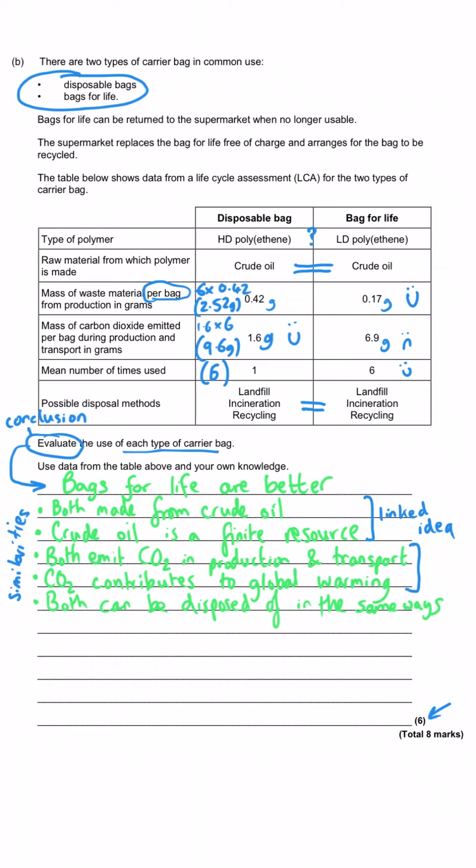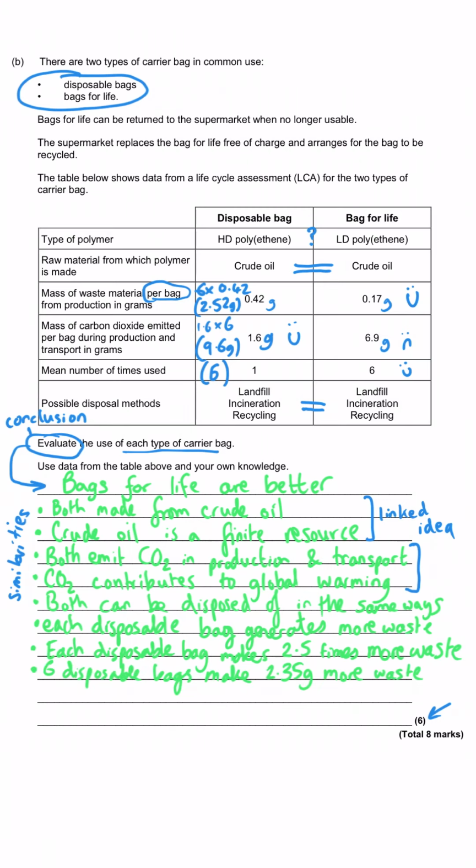And so each disposable bag generates more waste than a bag for life does. Now, you wouldn't necessarily say this as well, but we could really show off here and we could say that it's about 2.5 times more waste being produced, or similar kind of greater depth using the actual data, we could say that this is 2.35 grams more waste, because that's the difference between 2.52 and 0.17 grams when you're using 6 bags.